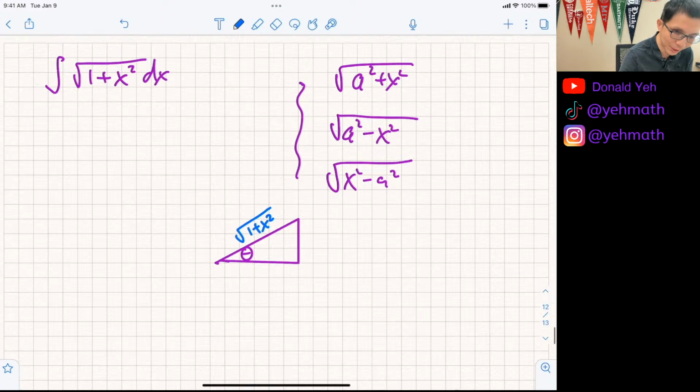Usually when you see this situation, that ends up being the hypotenuse. If that's the hypotenuse, what will be the legs? 1 and x. But remember, you want to set your trig substitution with the constant on the bottom. The constant has to be on the bottom.